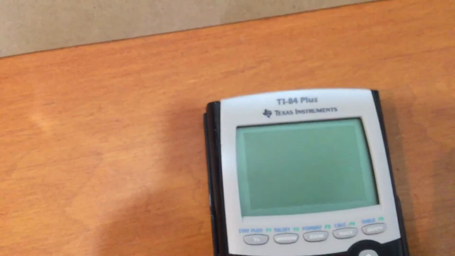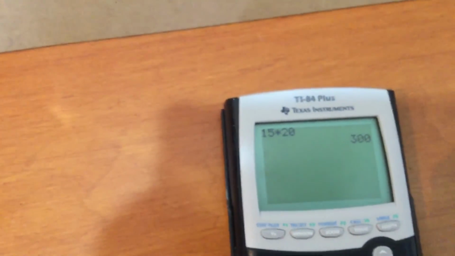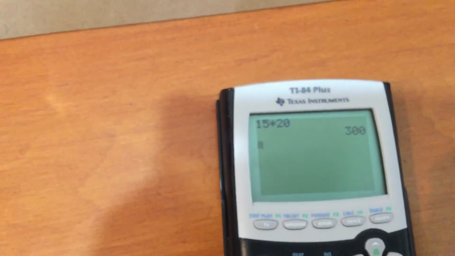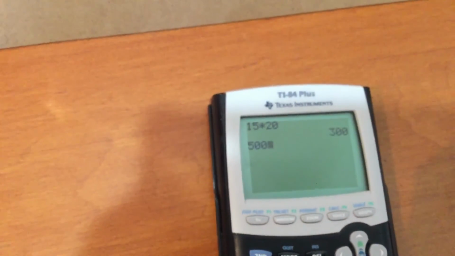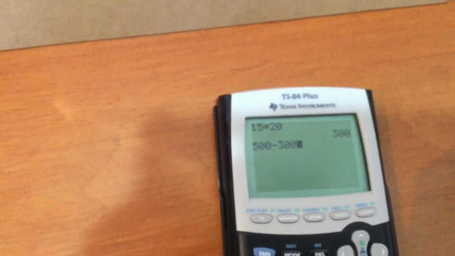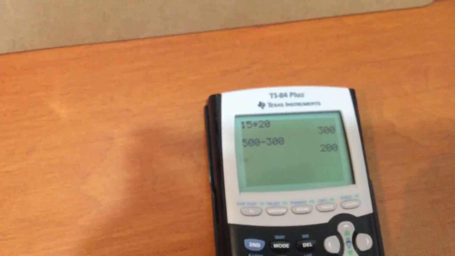So if we're looking at Miss B's calculator then, we're going to do 15 days times 20, that gives us $300 he's going to withdraw over the entire month. So with his initial $500 minus the total amount of $300 he withdraws over the whole month, there is only $200 left.